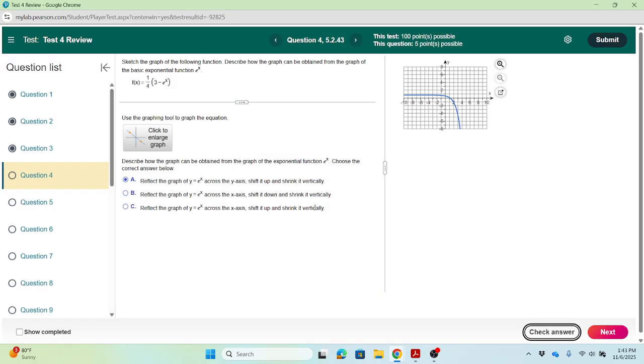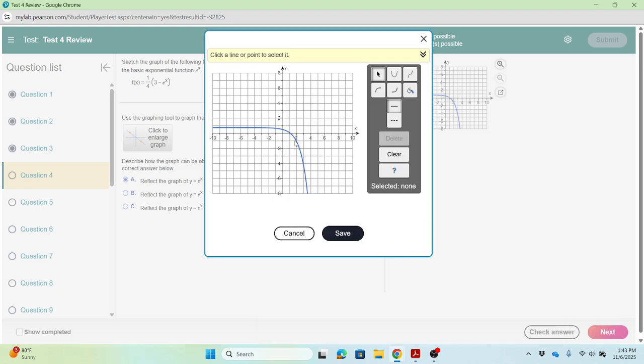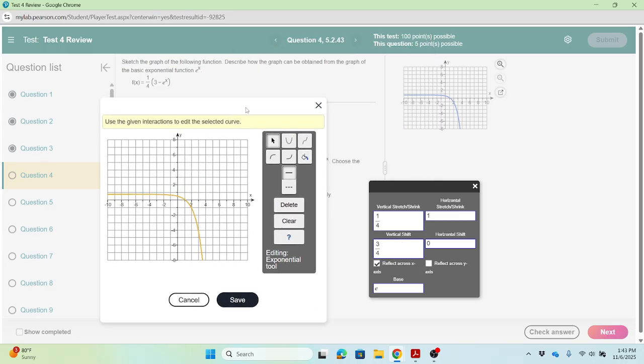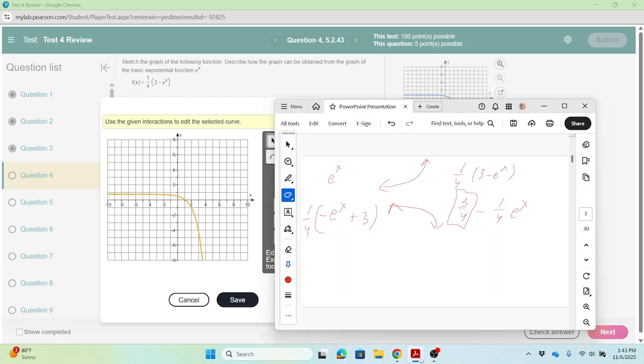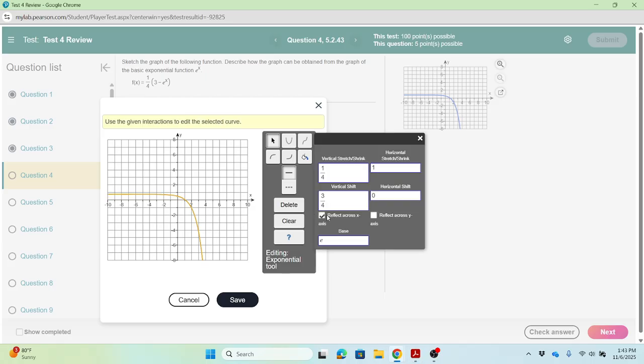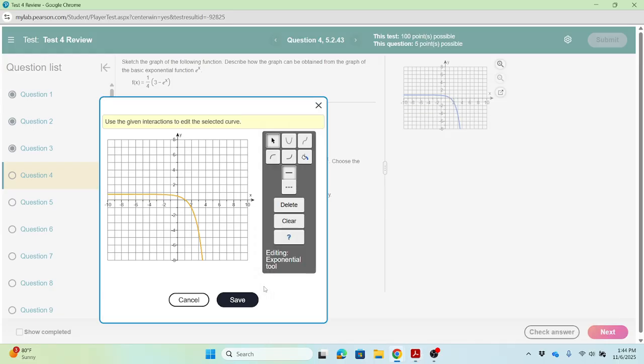This is not right. What did I do wrong here? Let me check one more time. Here it's a 3/4. Did I choose 3/4? Vertical shift 3/4, and then stretching is 1/4, and then it's a reflection. Vertical shift is 3/4 up, and then shrinking is 1/4.